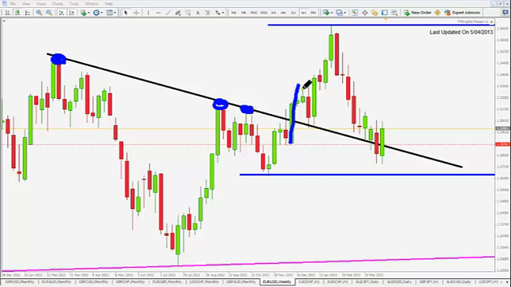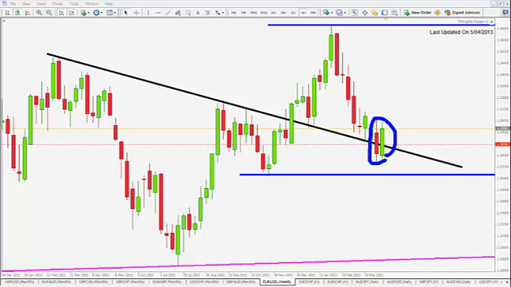It got broken, it acted as support, and right now it is acting as what? Support around this line here. And this is a strong point of confluence, where we have the 50% Fibonacci level and the trend line falling through that area.